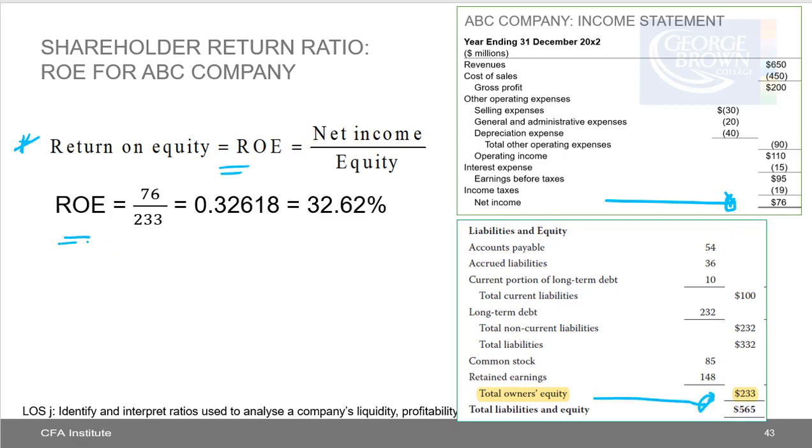So the return on equity, net income divided by equity, 76 million divided by 233 million gives us 0.32618 equals 32.62%, okay? So when we're looking at the shareholder return ratio, return on equity is net income divided by equity. That's a fairly easy ratio to understand and interpret. And again, that is in percentages.